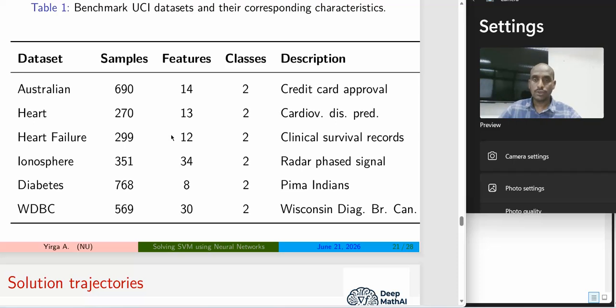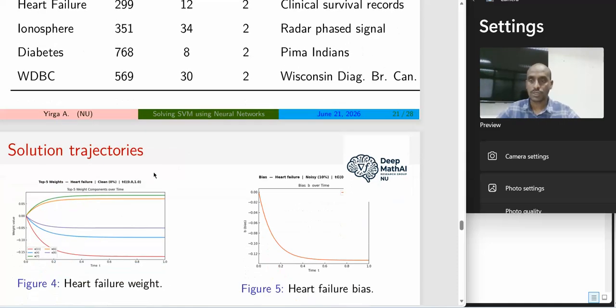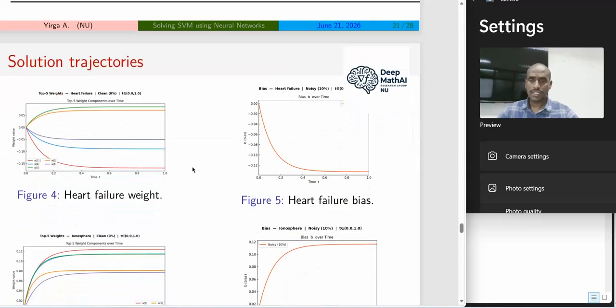For this, we employed the performance metrics accuracy, MCC, the Matthews correlation coefficient, and the F1 score, 3 metrics actually. So some of the visualizations are here.